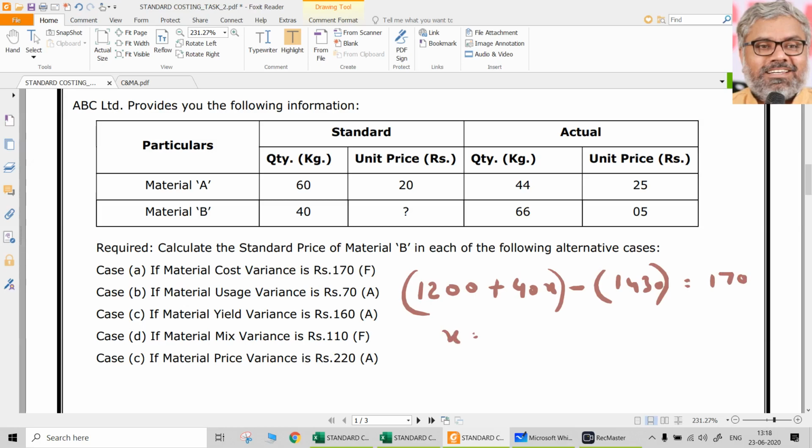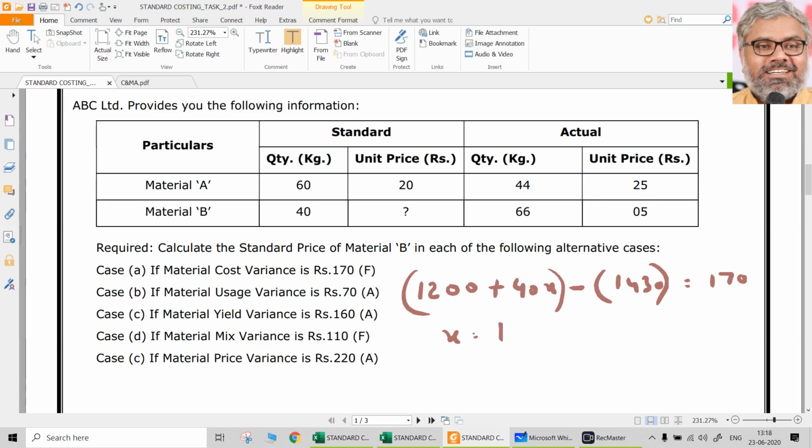For every case, you just have to assume SP is X and substitute in the formula. Then find out what is that X. So basically in this case, what will be X? So 1430 minus 1200. This side there is 230. Minus 170 goes to the other side, it becomes plus, so plus 170, divided by 40. That gives X to be 10.